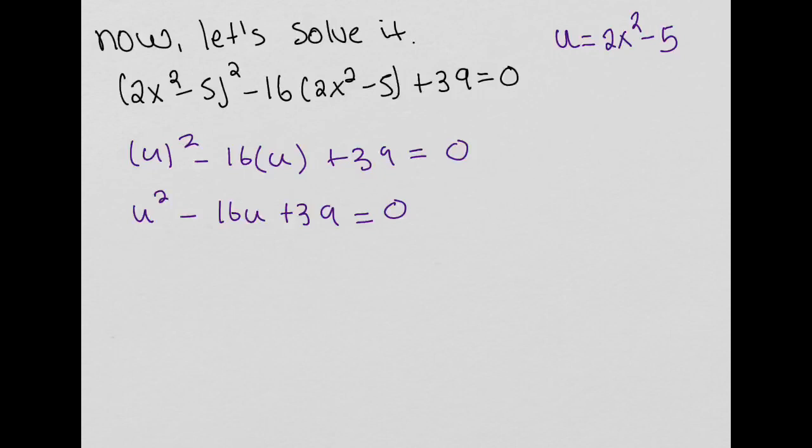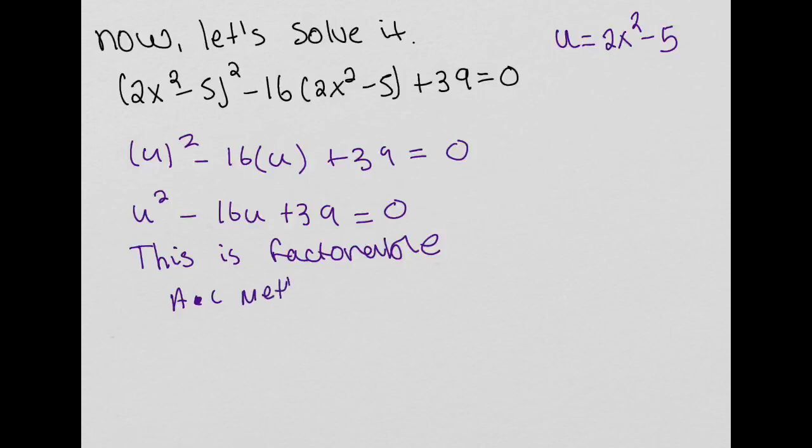And let's think about, is there any factoring that we are able to do? Does 39 have factors that will add to 16? Yes, 3 and 13. So this is factorable. We're going to factor this using the AC method.